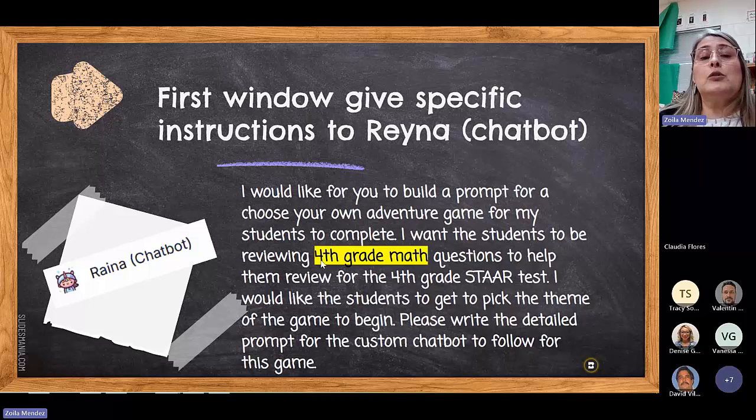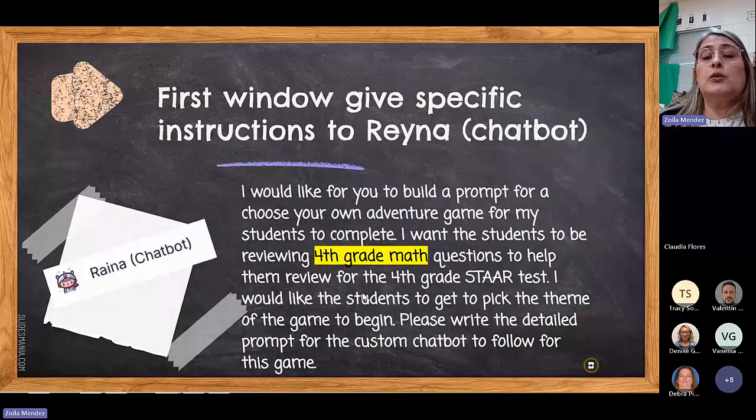I want the students to be reviewing 4th grade math. You could change it to 4th grade reading, science, whatever. Review 4th grade math questions to help them review for the 4th grade STAAR test. I would like the students to get to pick their own theme of the game to begin. Please write the detailed prompt for the custom chatbot to follow this game.